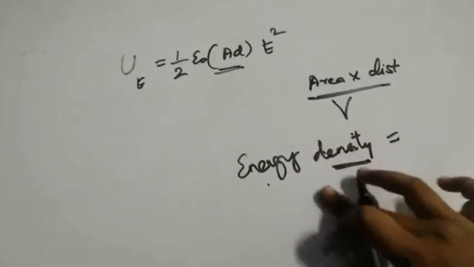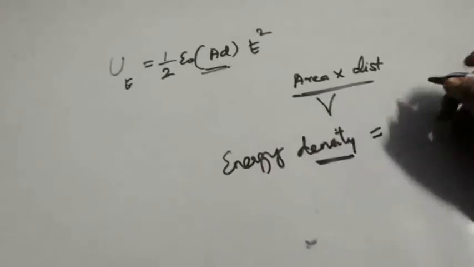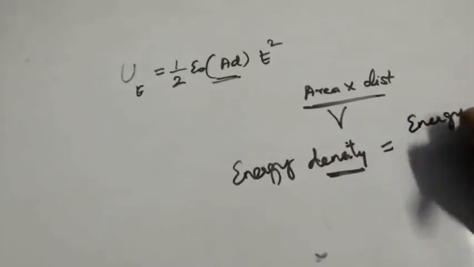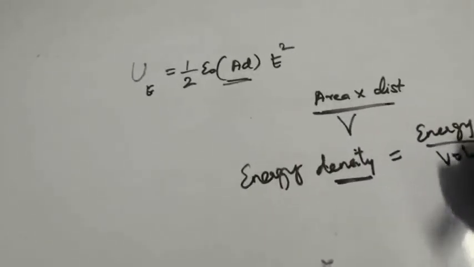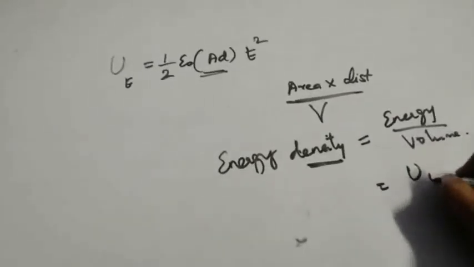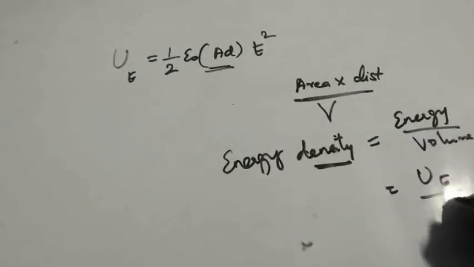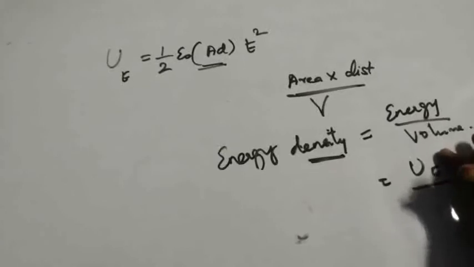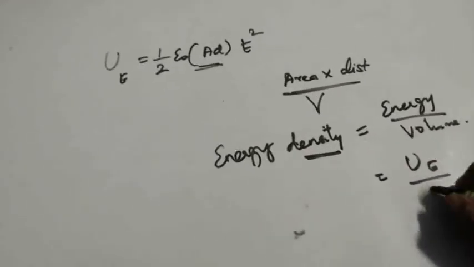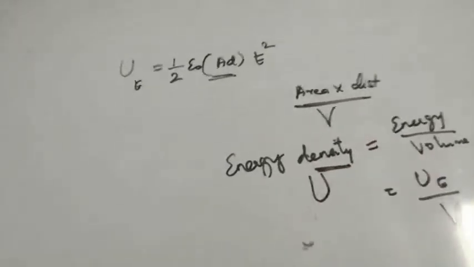So for energy density, it is energy by volume. So the energy value is U_E divided by the volume, which is my energy density.